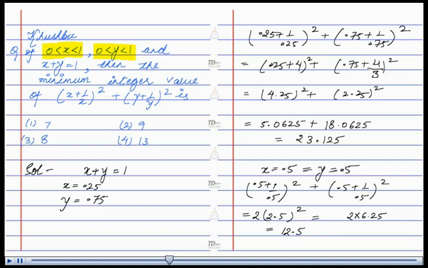So the minimum integer value that we will get will be 13, that is option number 4.